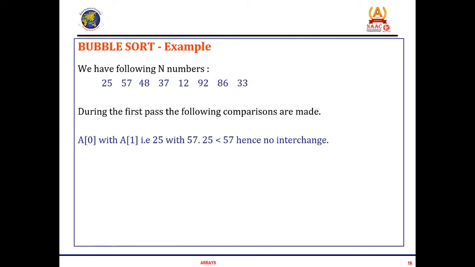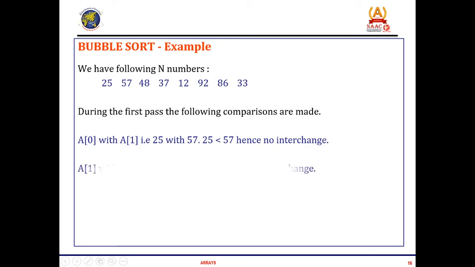In this case, I am comparing 25 with 57, and 25 is less than 57. Hence, if the first element is less than the second element, you don't do an interchange, meaning you don't swap the elements of the array. So 25 will be in its place and 57 also will be in its place.